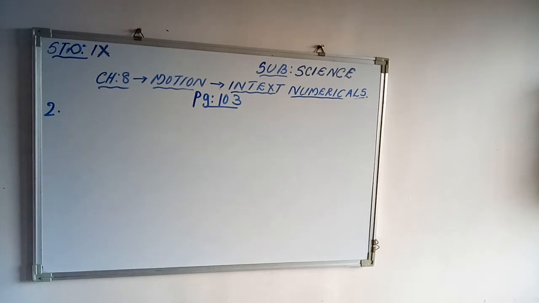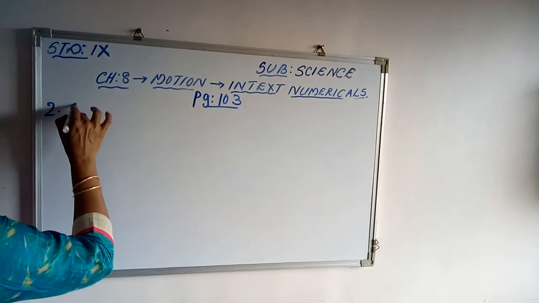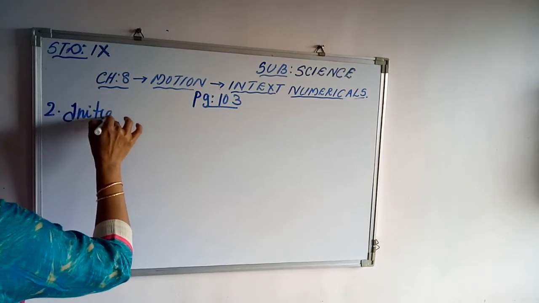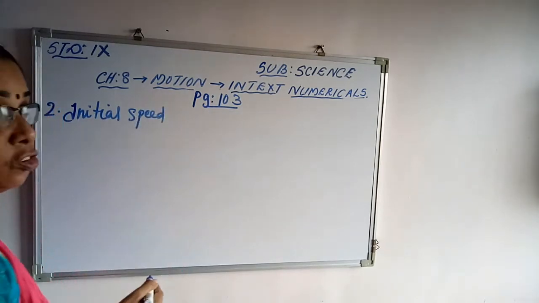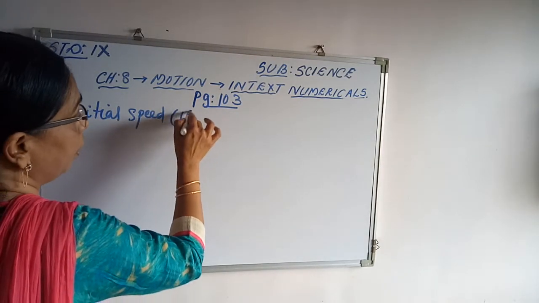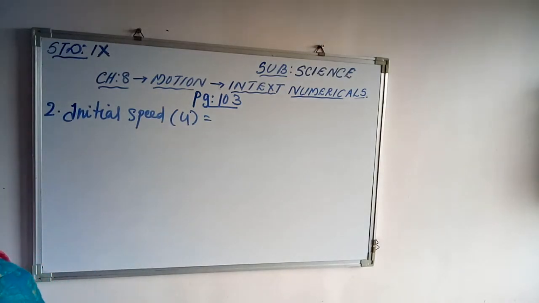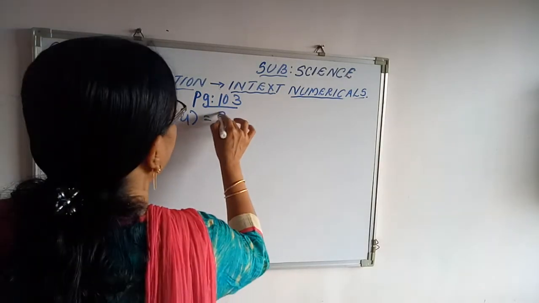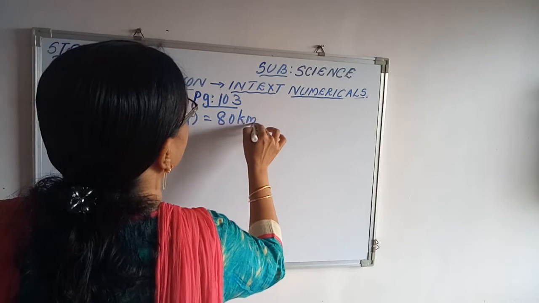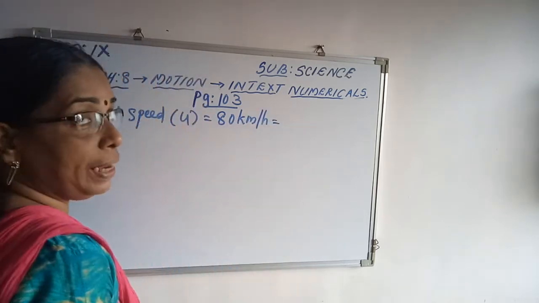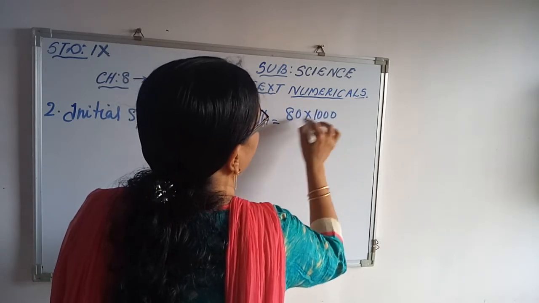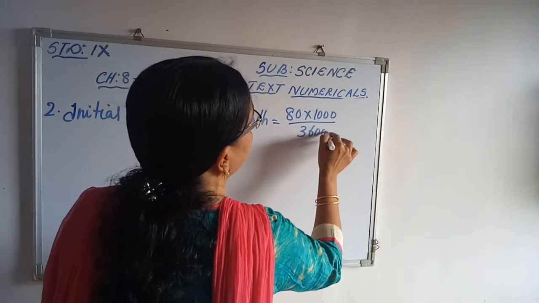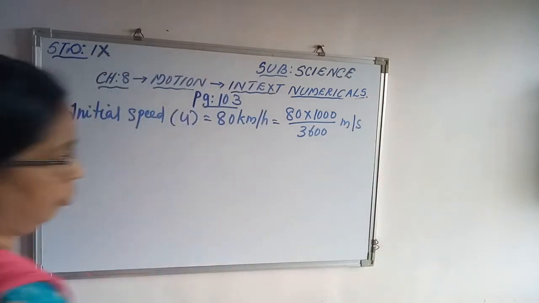Okay, so what is the initial speed of the bus? Note down the data which is given. Initial speed we denote using the letter U. That's equal to 80 km per hour. Convert that into meter per second. 80 into 1000 upon 3600 meter per second.